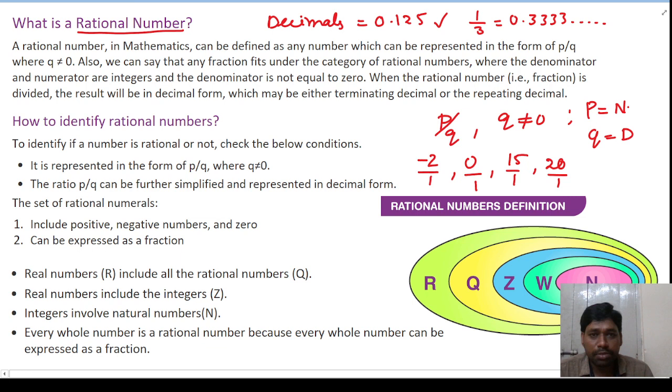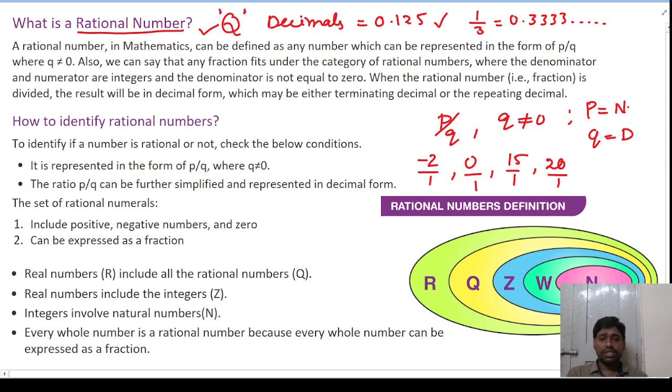It means the terminating decimals, and the decimals which are non-terminating and recurring, are also called rational numbers. These rational numbers are represented with a symbol called Q.